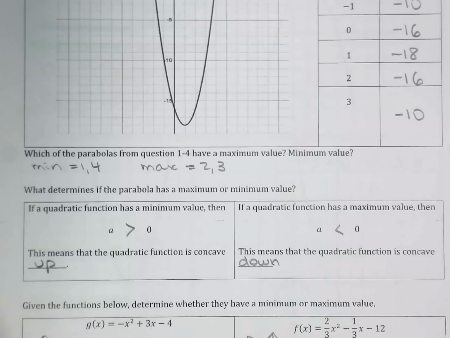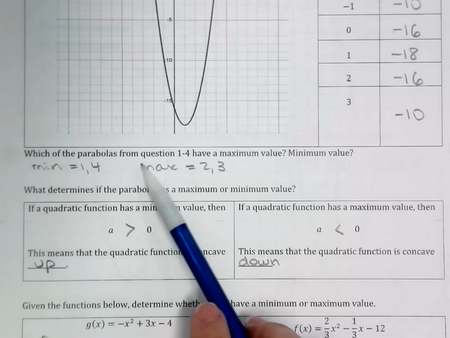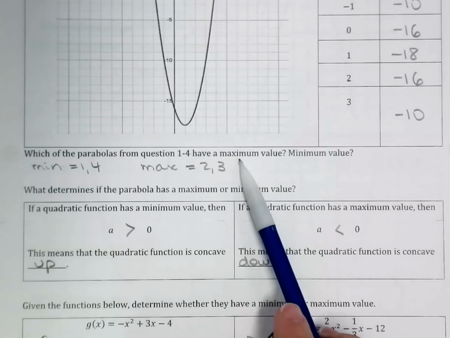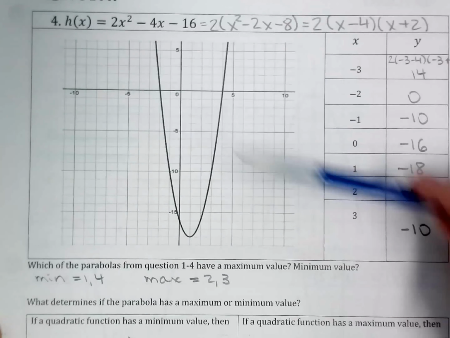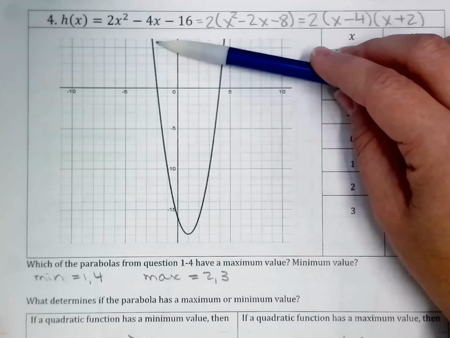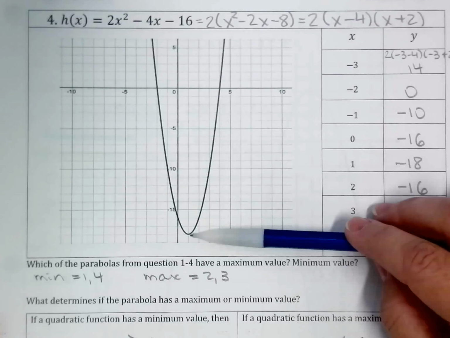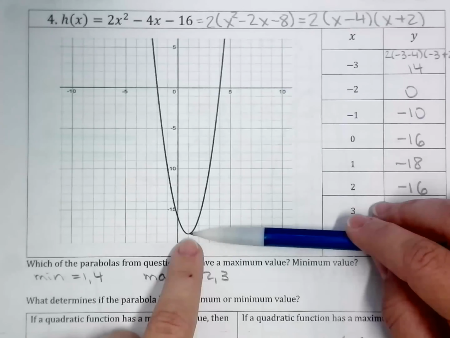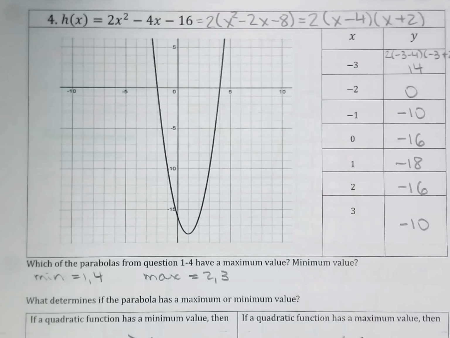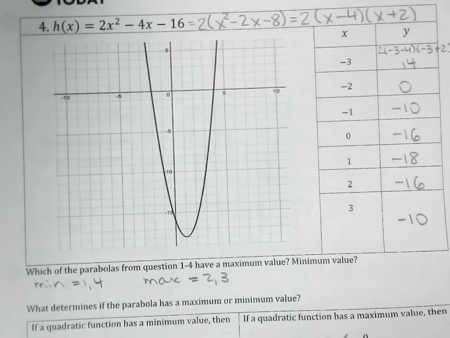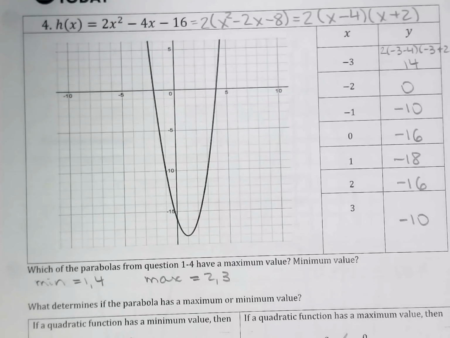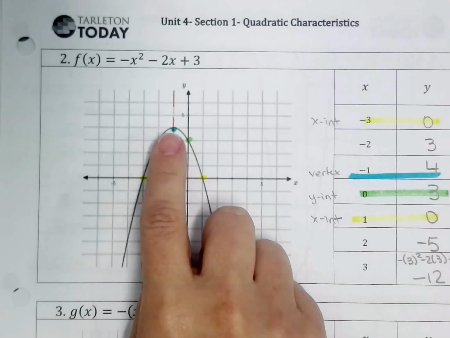So which of the parabolas from questions 1 through 4 have a maximum and have a minimum? Well, the minimum value is when you have a parabola that looks like this. It goes down all the way to the minimum, like this one. And the maximum would look like a parabola that is upside down, like this one in this case.